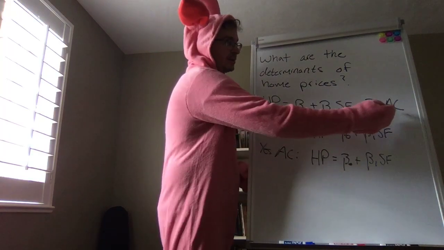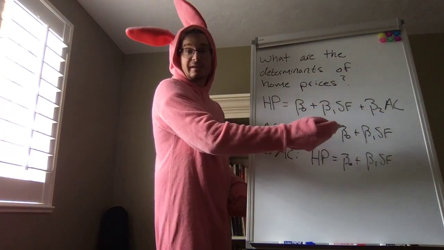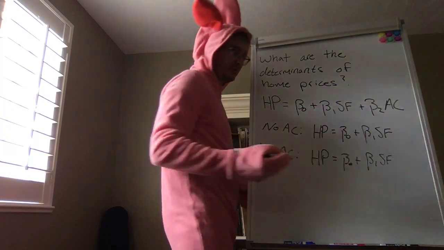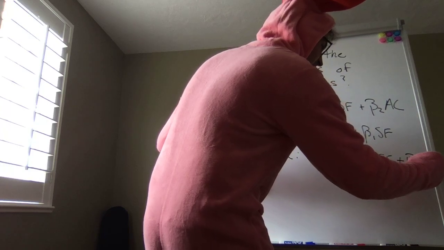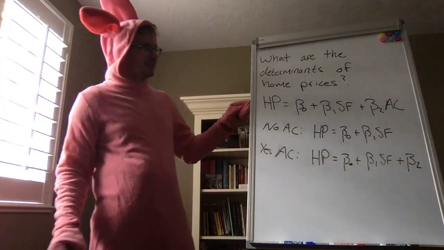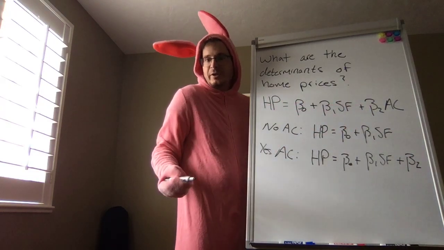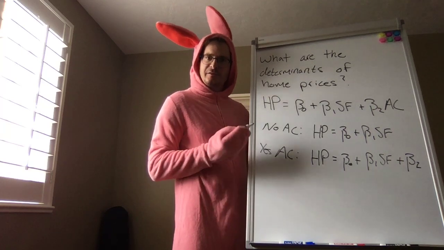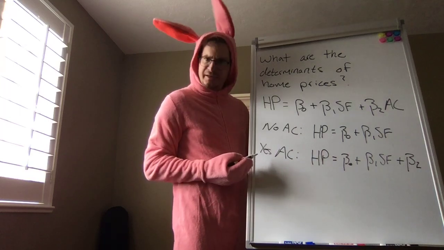Let's write yes AC here. Air conditioning takes on a value of 1 at those houses, so we don't even have to write AC again, because 1 times beta 2 is just beta 2. That's what's nice about having these special categorical variables that can only take 2 values: we can write out the equation for each of the 2 cases, the no AC version, where that term drops out of the equation, and the yes AC equation.